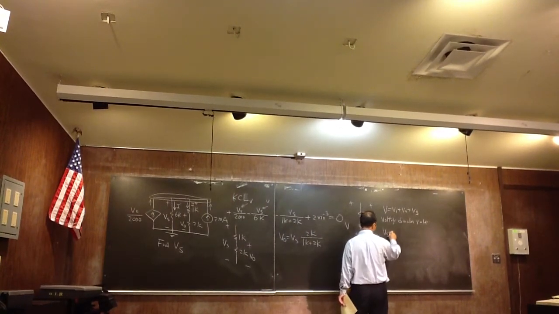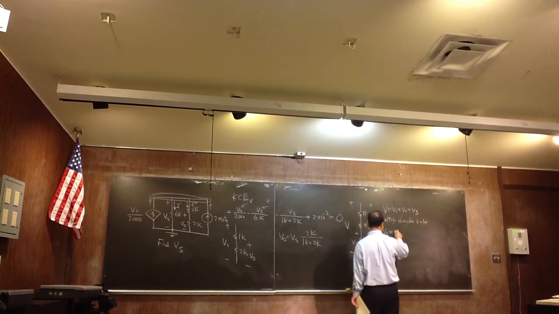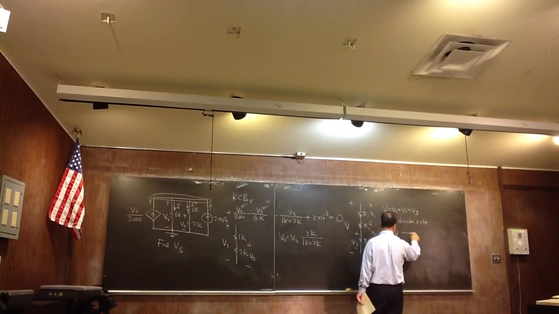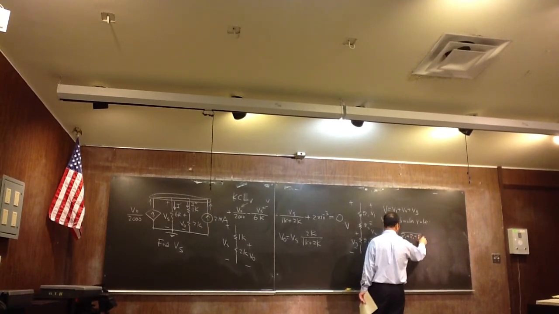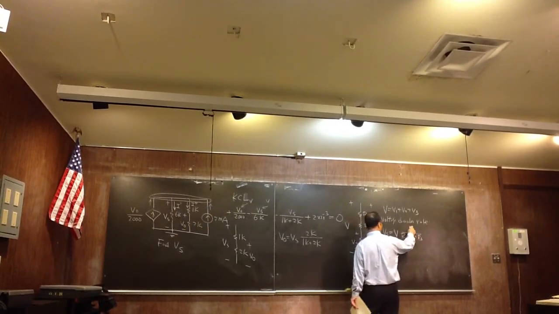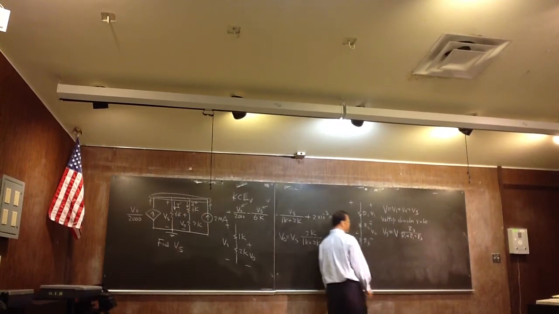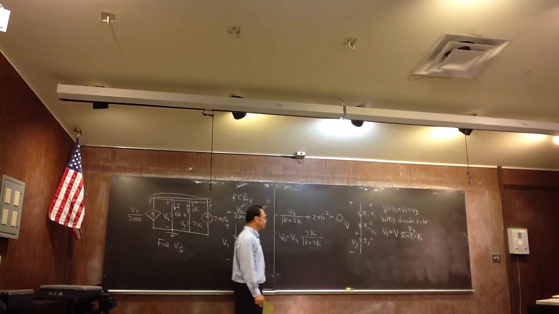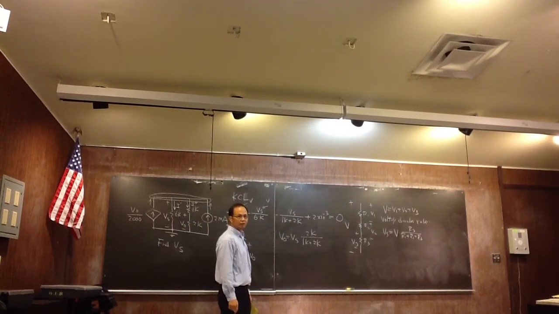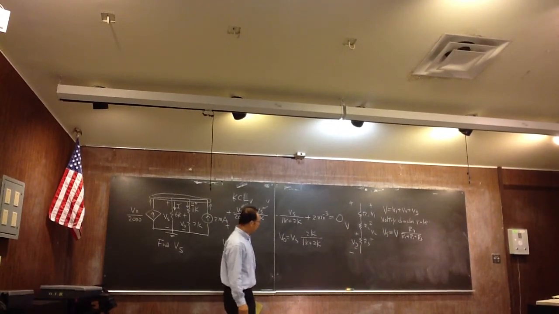V3 can be expressed as V times R3 over the sum of all the resistances, with R3 on top.